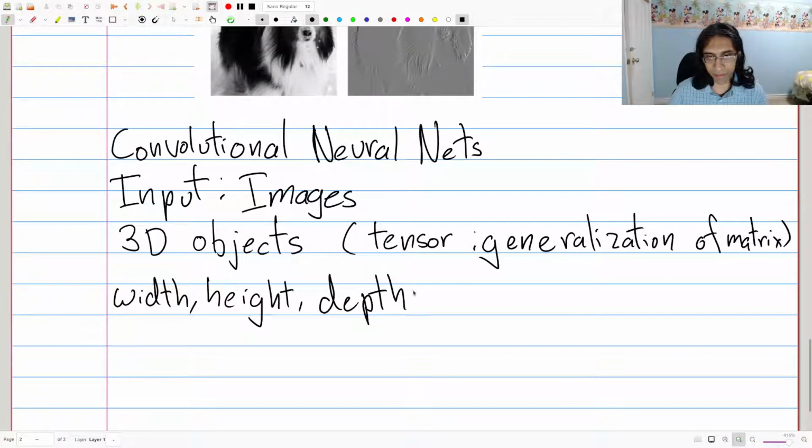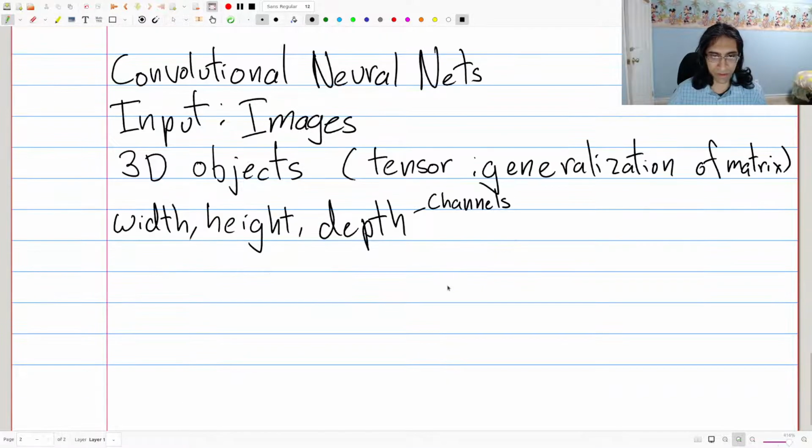Occasionally we refer to the depth also as the channels, in the sense that if we have a depth greater than 1, then we'll refer to the ith slice as a channel. This will make more sense when I talk about why there's depth, why there are channels.